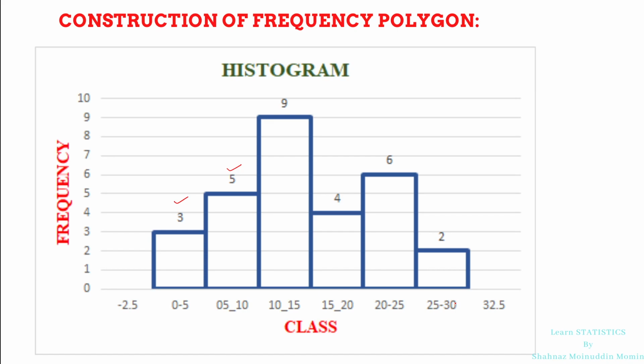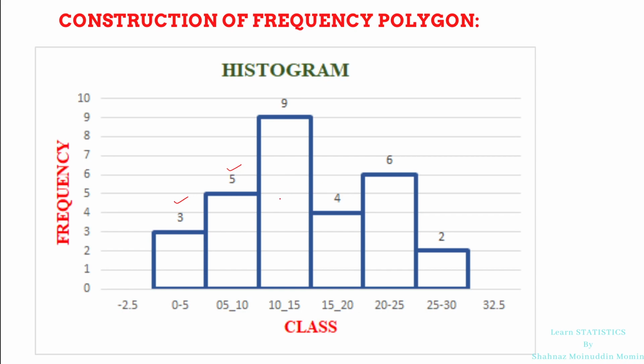Hence, we draw a rectangle with height proportional to frequency 2. In such a way we construct a histogram. In this lecture I am not discussing how to draw the rectangles, as we have already covered all these steps in the construction of histogram. The student may refer to that lecture for more details and understanding.